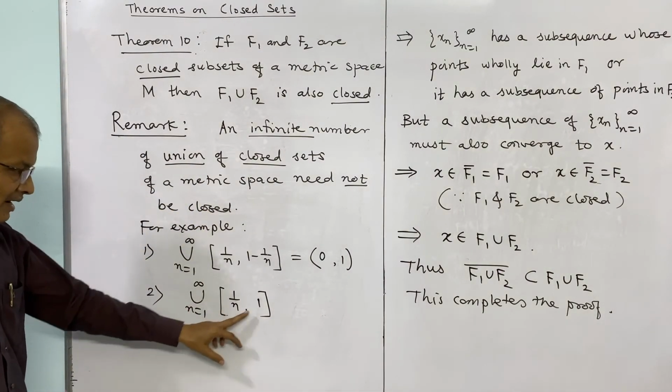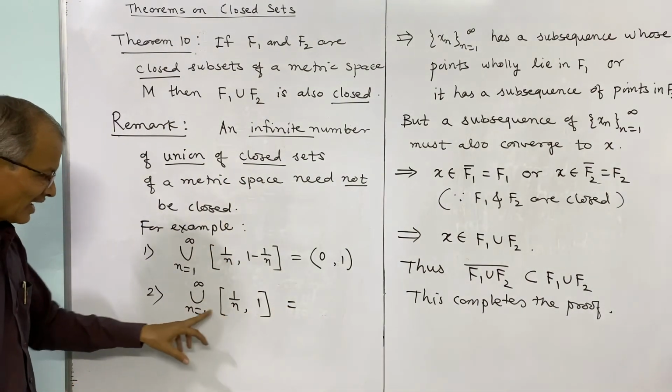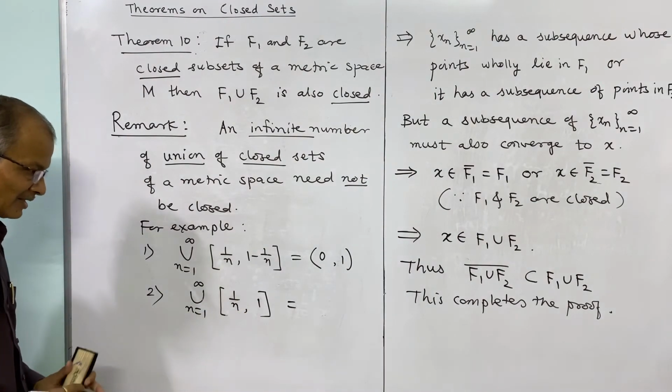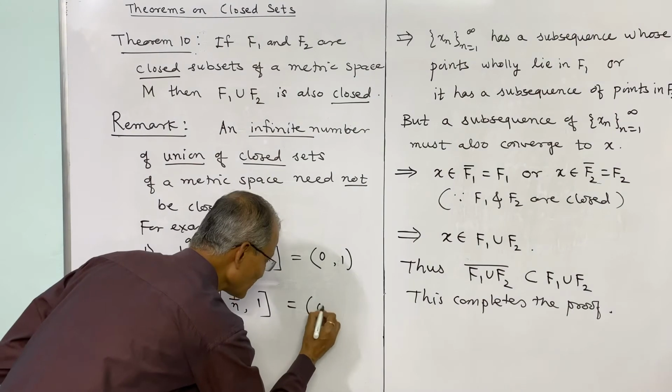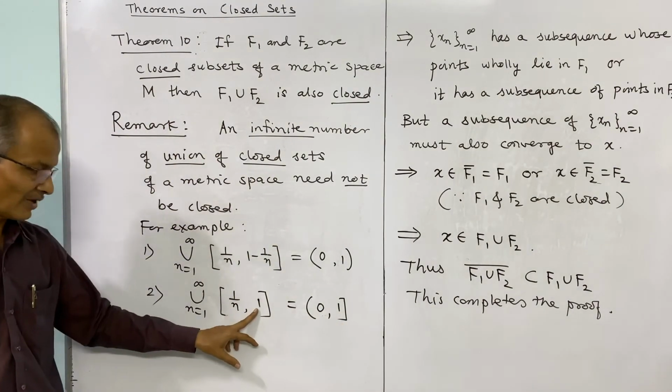So here what happens, this 1/n as n tends to infinity will approach 0, and this 1 will remain the same. So this will be now 0, and this end is closed because 1 is fixed.